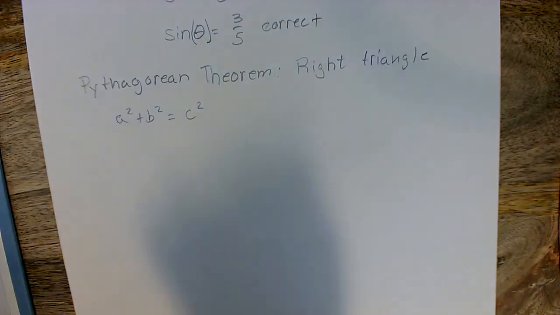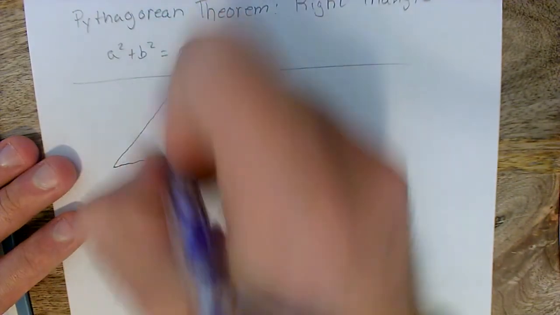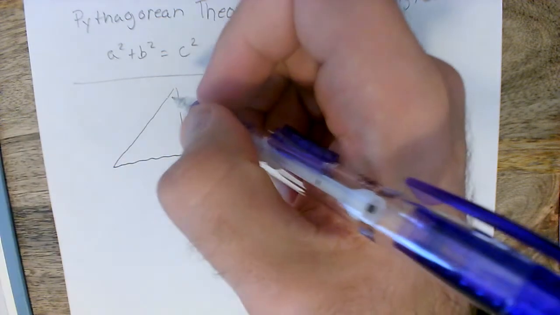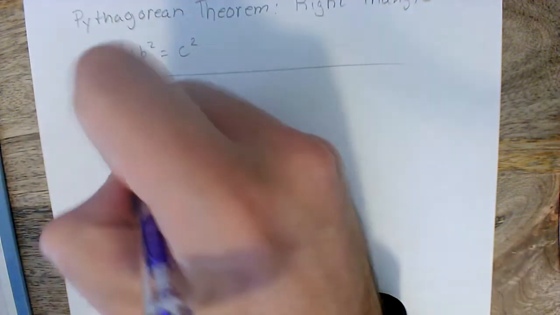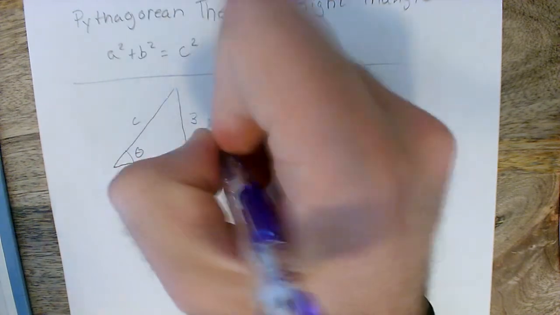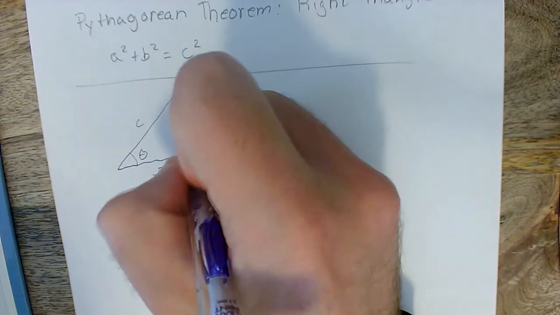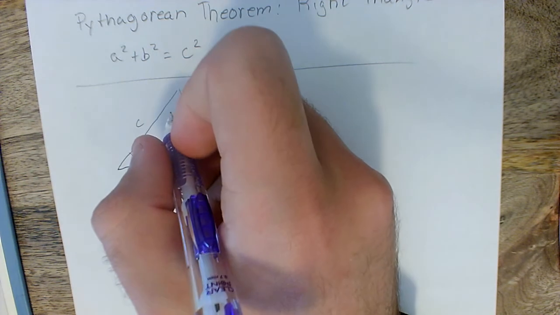Okay, so let's do an example here. We've got the following triangle. We have theta, little c is unknown, this side is 3, and this side is the square root of 7. And we know that this is a right angle.